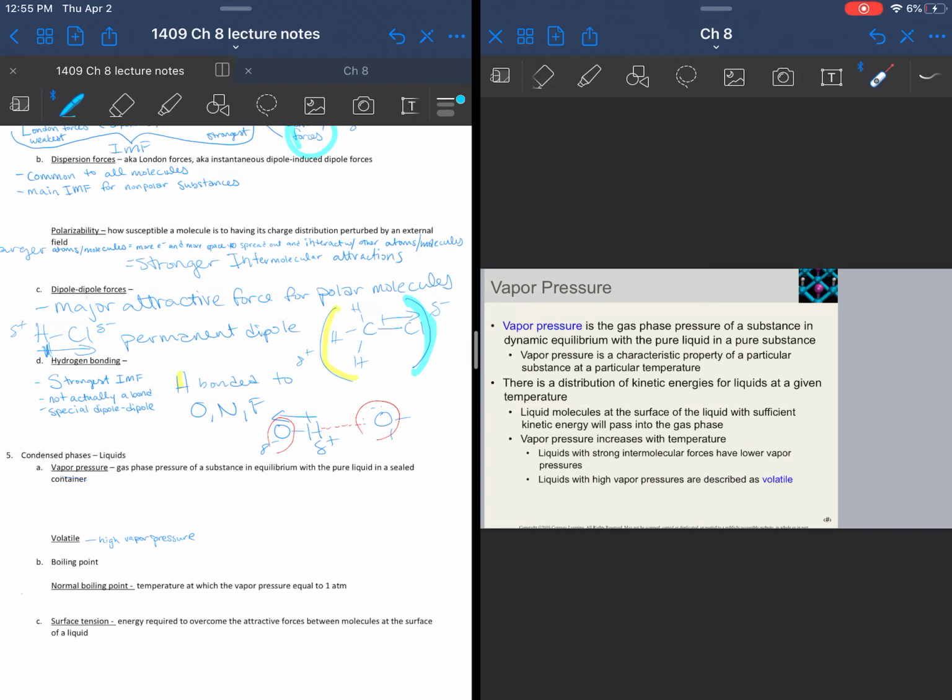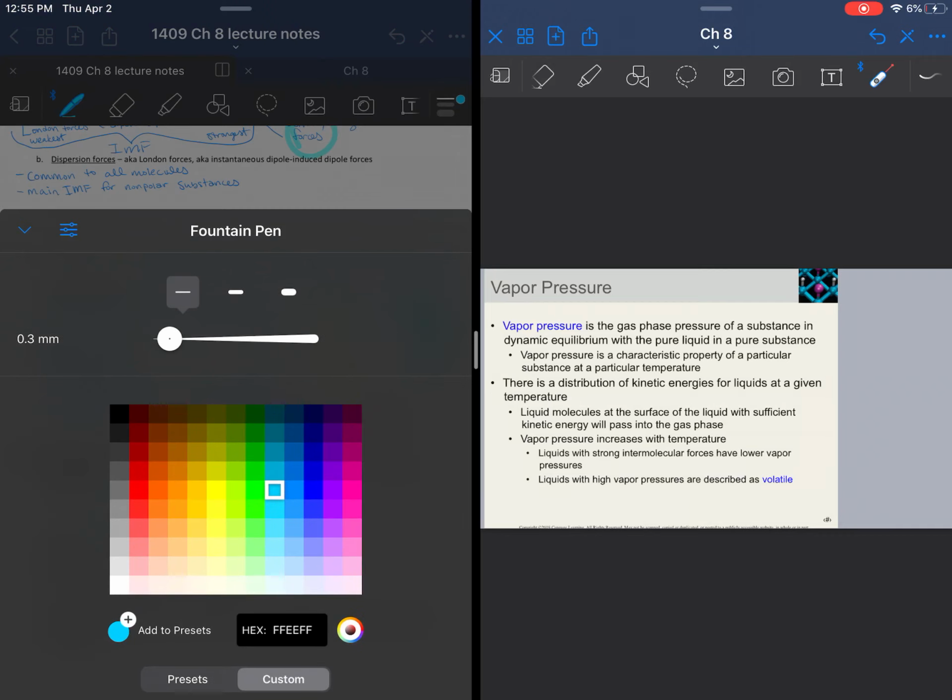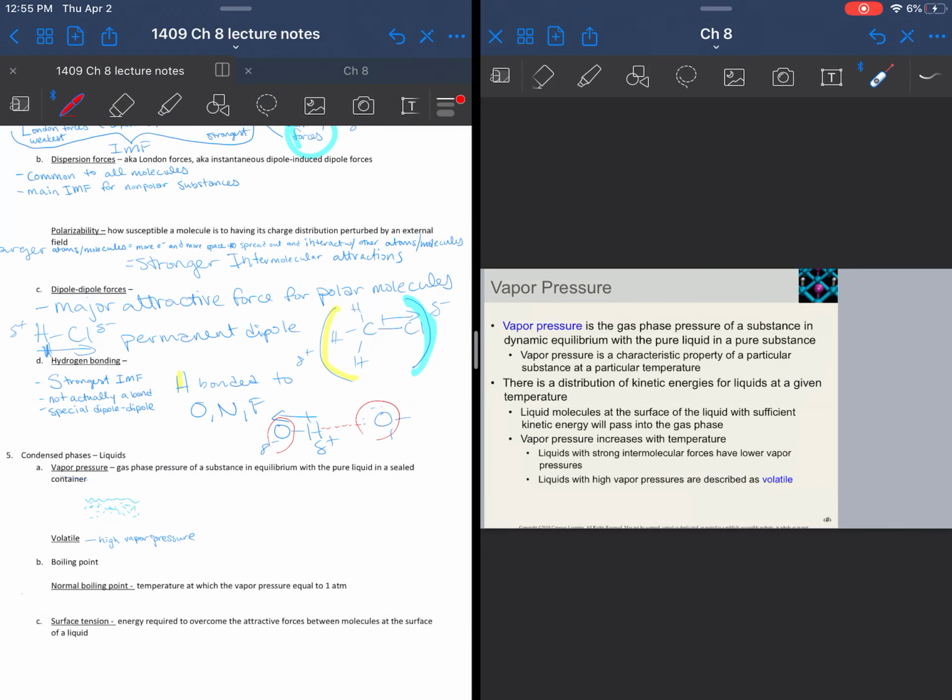So vapor pressure is simply a measure of the gas phase pressure above the surface of a liquid. So when we look at a liquid, this squiggly line tells you that we're looking at a liquid, and you have all of your little molecules down here in the liquid phase.